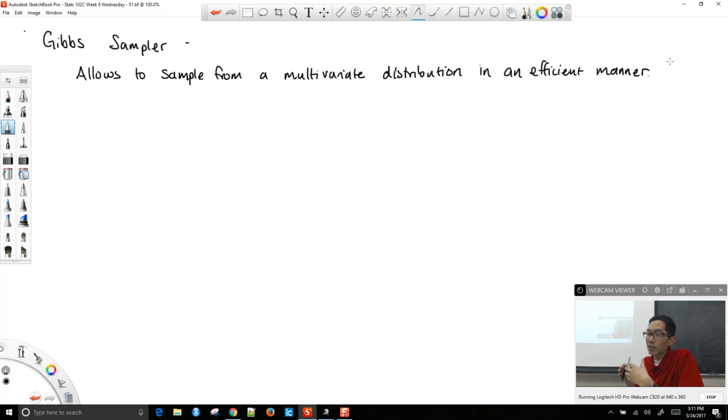You're almost always dealing with a multivariate distribution. Sometimes you have very high dimensionality, and because the Gibbs sampler is efficient, it's a very popular choice. Okay, a very popular choice in Bayesian statistics.